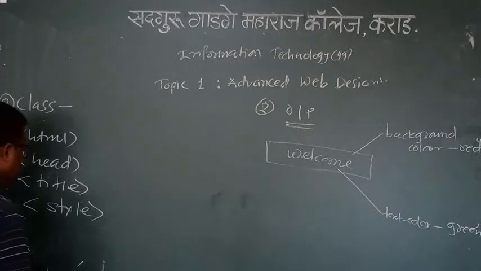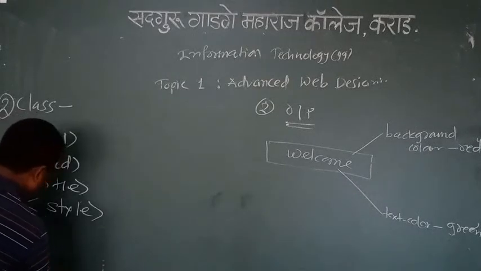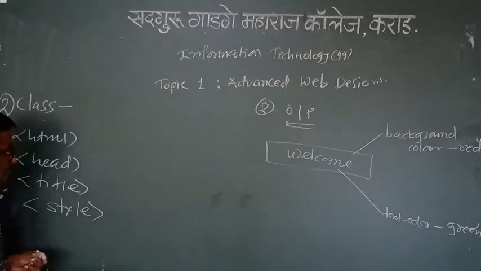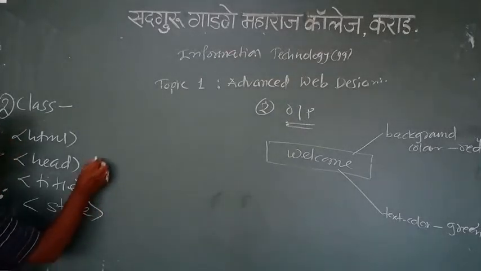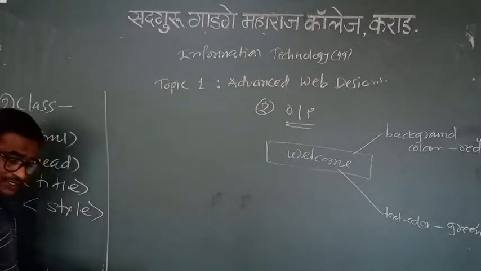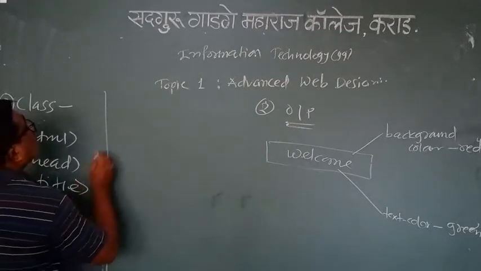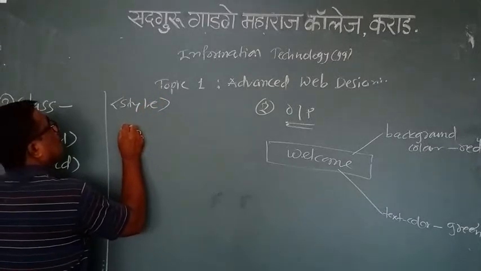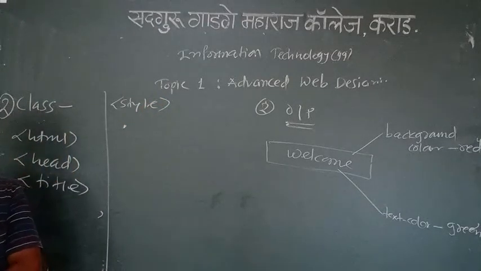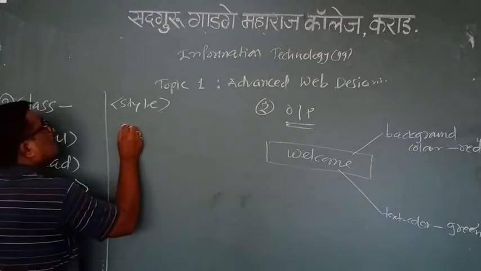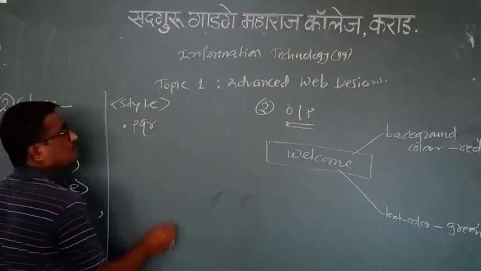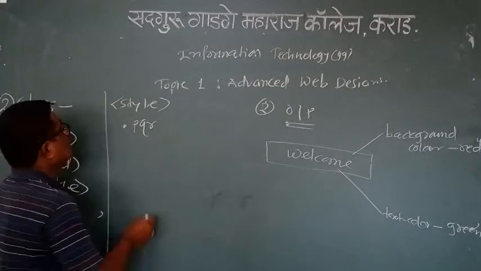Okay, in that style tag we have to write here the period symbol, and after that period symbol the name of the class, for example PQR, that is the name of the class.